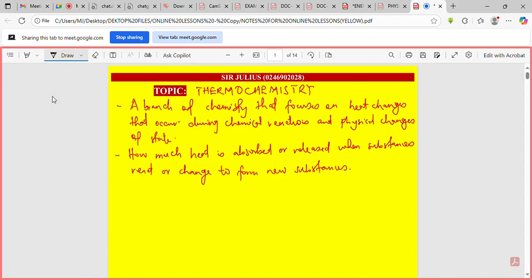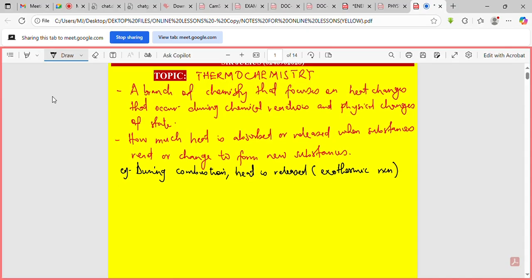Let me cite one or two examples for you. During combustion, and combustion is a more scientific term used to describe burning, heat is released, and so the reaction will be called an exothermic reaction.